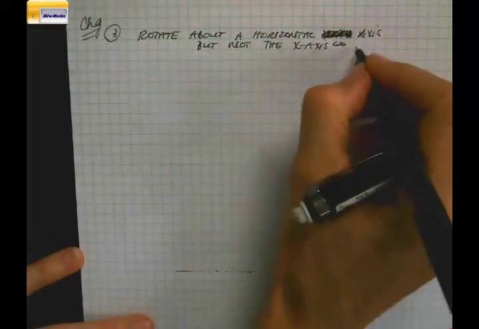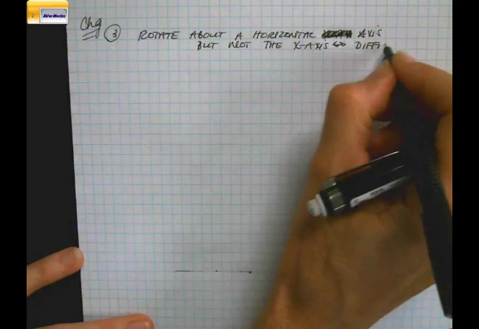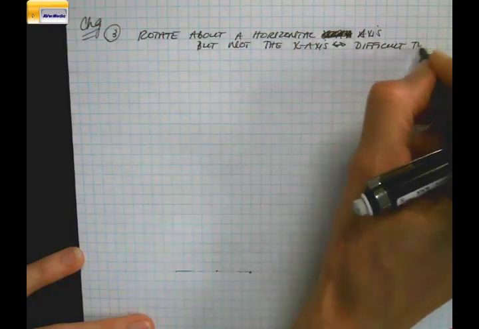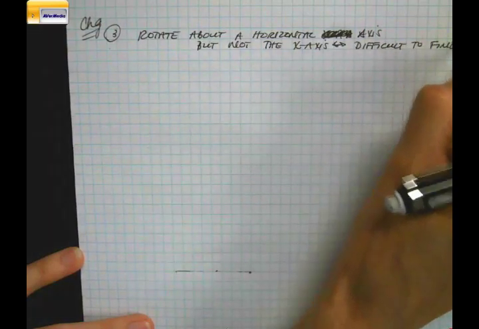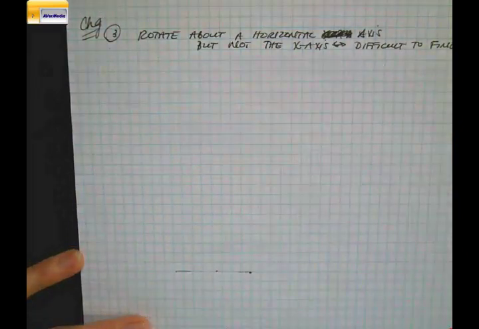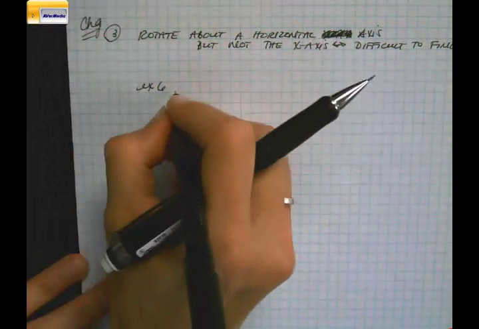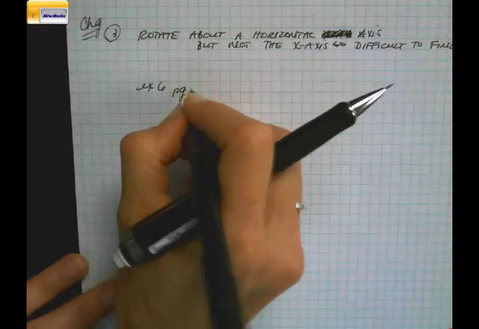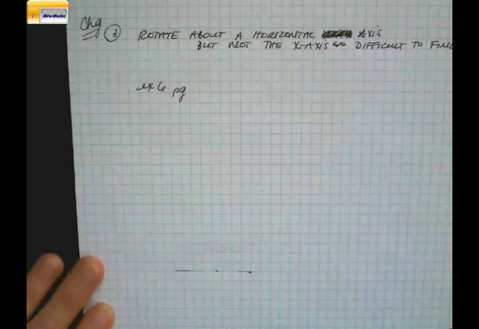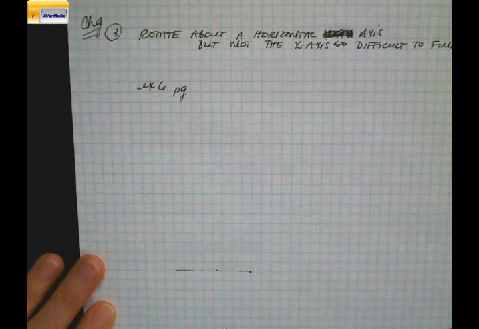What this does is it makes it a little more difficult to find the radius value. Okay, so I'm going back to the textbook where we can get a diagram of this. We're going to be looking at example 6 on page 311.